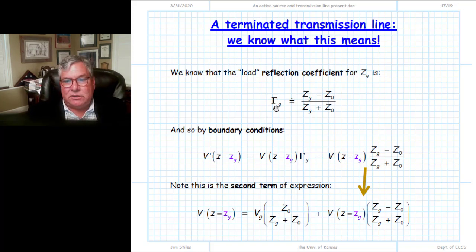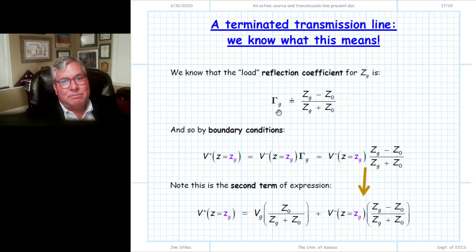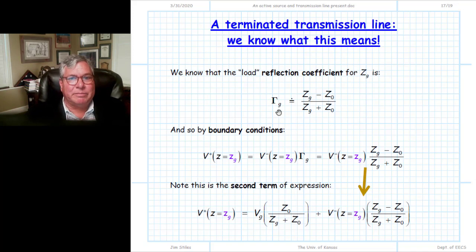So we can convert this load impedance, this source impedance ZG, into its load reflection coefficient value, and it's simply that impedance minus Z0 divided by that impedance plus Z0. The fact that now it is called ZG and ZL makes no difference with respect to the result we get, but we'll go ahead and call this gamma G to give you a different notation from the usual gamma L that's there.